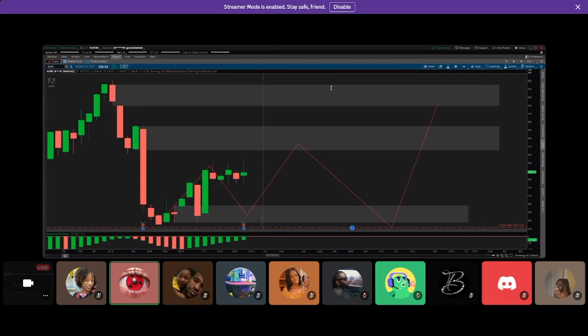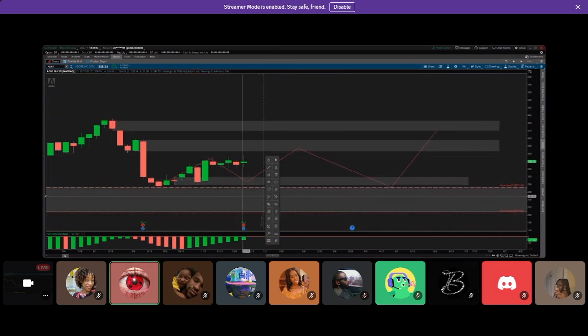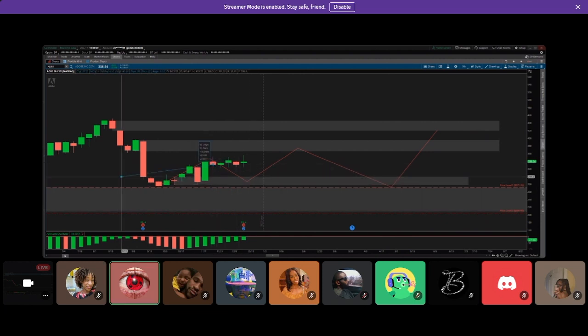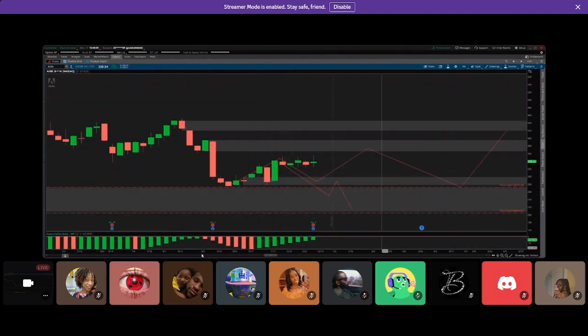Now, if we can't break, keep in mind that we still have more demand here below. So if we take out this low and do something like this, then this demand that sits here on the weekly becomes supply, right? And if you're using fibs, it projects where this price wants to go.